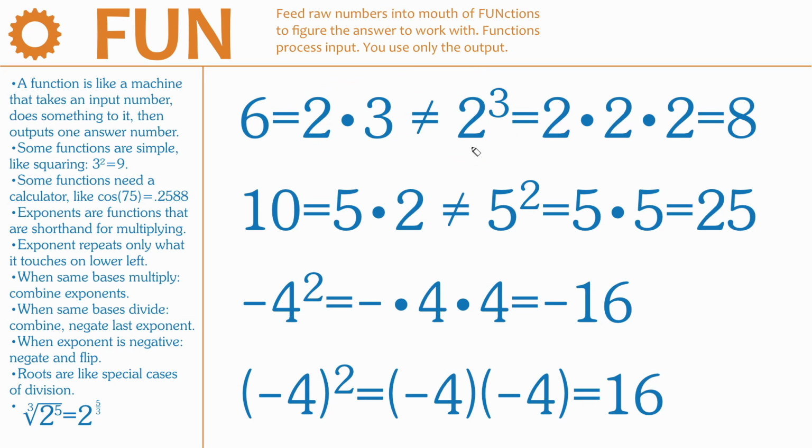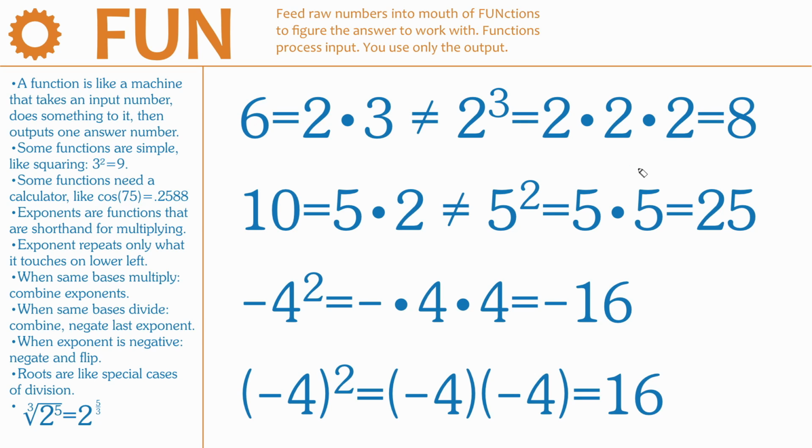It's not 2 times 3, it is 2 times itself 3 times. Notice the 3 does not even show up as you work it. It shows up kind of invisibly, as it were, in the fact that you've got 2 three times in a row multiplying itself. And so 2 to the third power is 8.